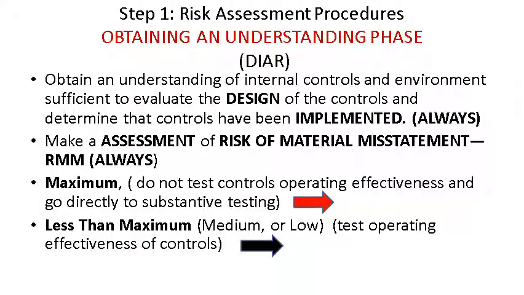Okay, so let's go ahead and take a look at this slide, and we saw this in Chapter 3, and we're talking about our risk assessment procedures. Now remember, we said that risk assessment procedures always have to be done on every audit, and I'm calling this Step 1.